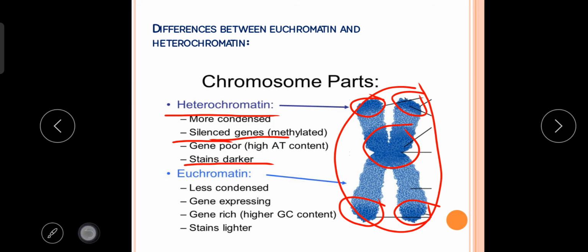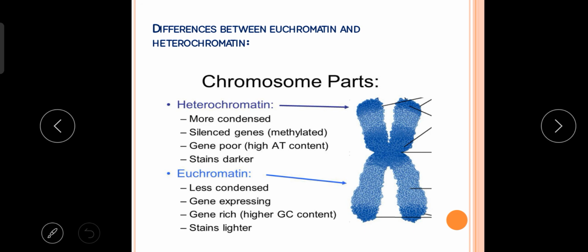But what about the euchromatin? Now see in the diagram, all the light bluish color region in this chromosome structure are called the euchromatin. What is the importance of this euchromatin? The euchromatin are lightly stained.